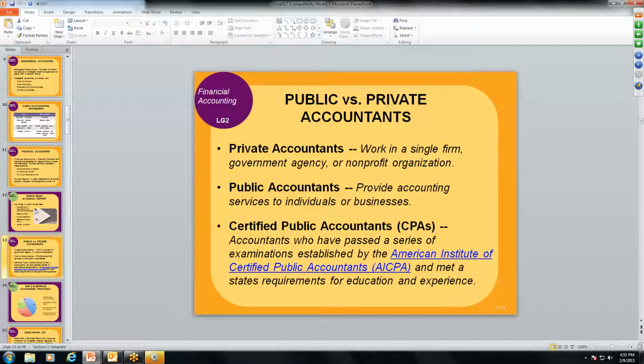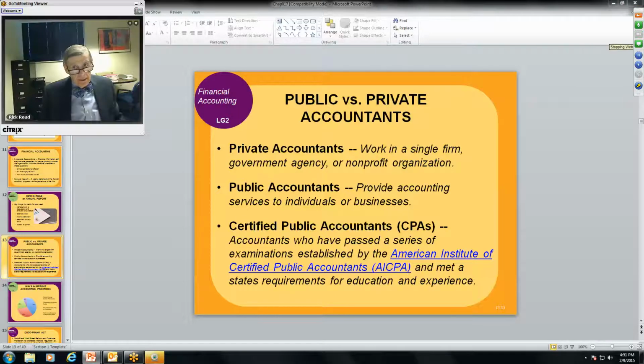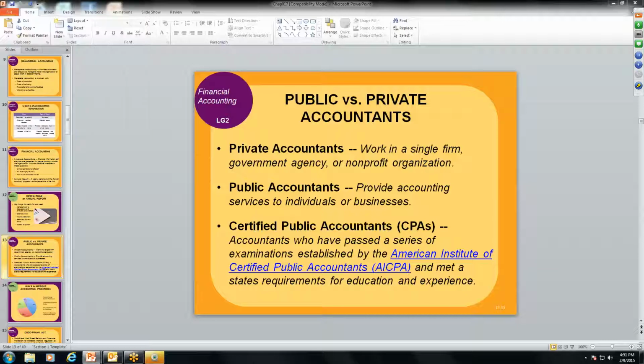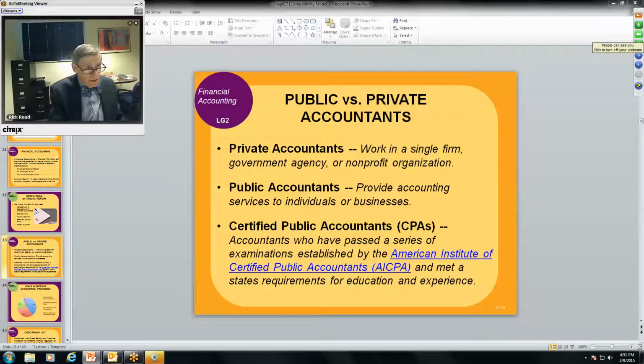So here we have different types of accountants: private accountants, public, certified public accountants. A private accountant normally works for one firm, and he or she does not offer their services to other organizations, whereas a public accountant does. Notice the public accountant works for, pardon me, individuals and organizations.